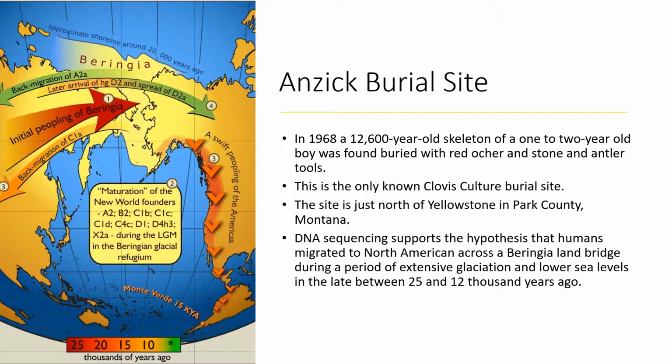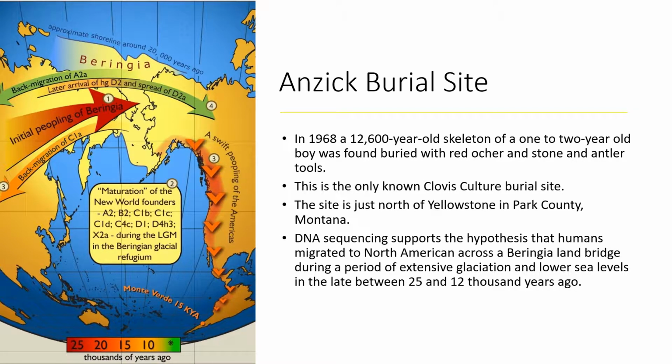And what was discovered is that this DNA strongly supports the hypothesis that humans migrated to North America across the Bering Sea land bridge that emerged during the late Pleistocene, at the end of the last period of major glaciation in North America, 14 to 12,000 years ago.